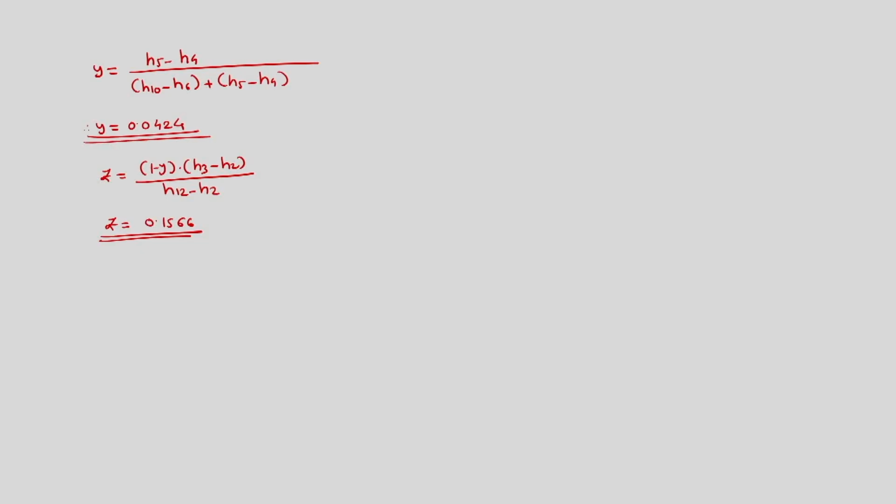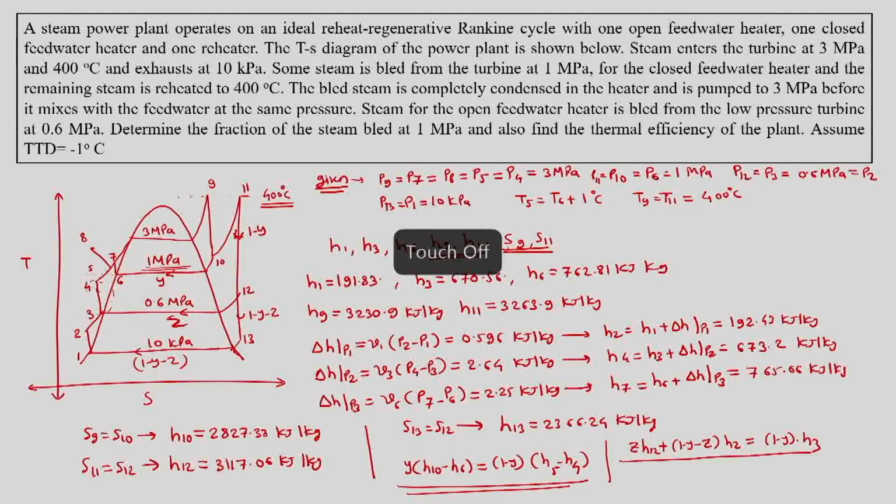Now next is to find out what is the enthalpy at state 8. For that we can write that 1 minus Y amount of mass at state 5 is mixed with Y amount of mass at 7 to give H8.